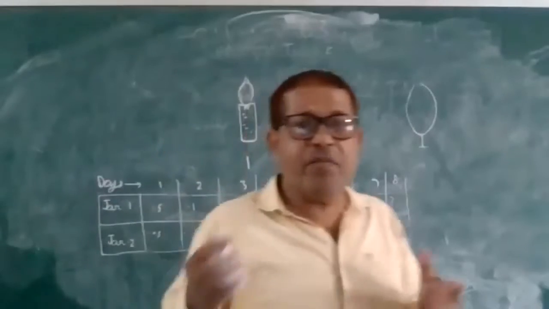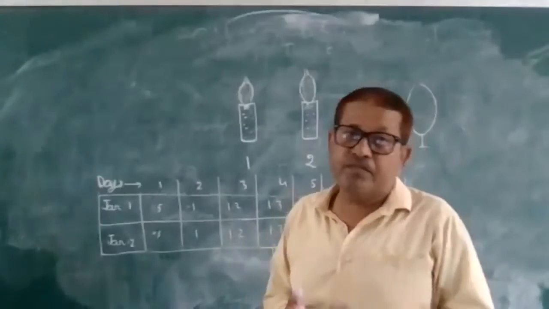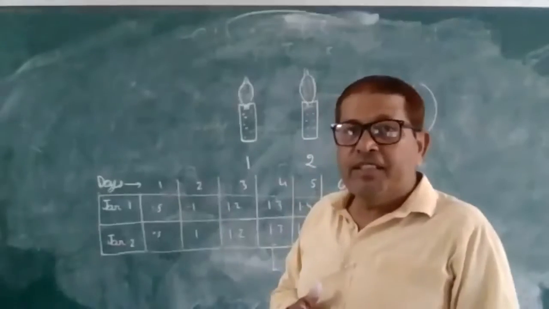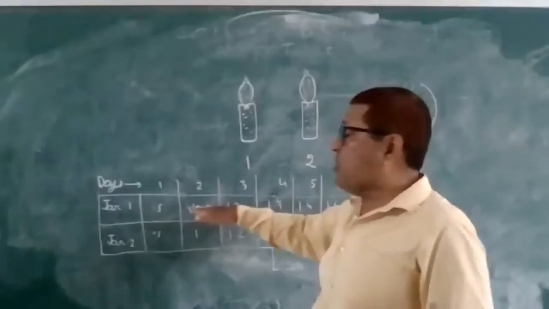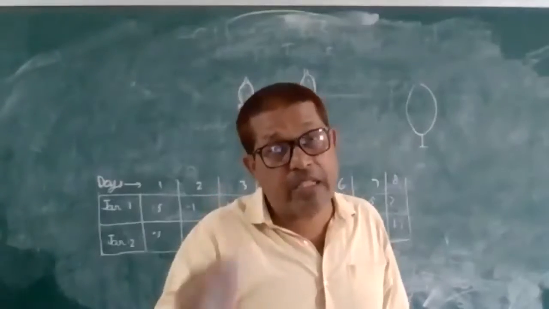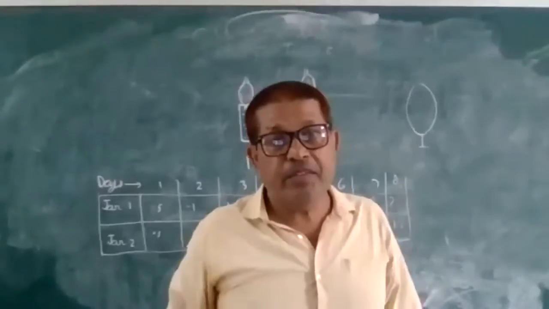You can do this experiment yourself. So what will you observe? You will observe in case of jar A, the length of the root is continuously increasing day by day.